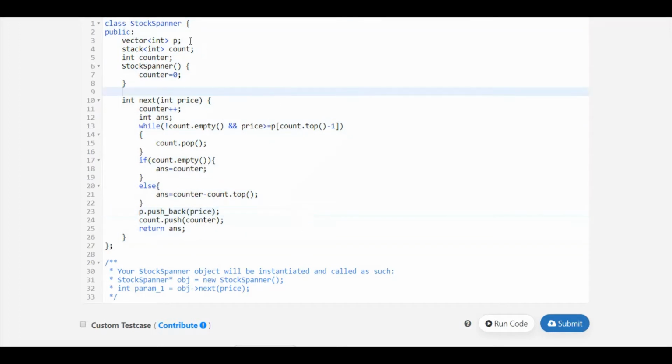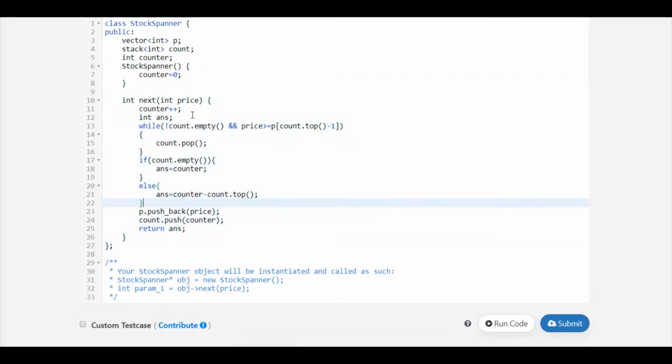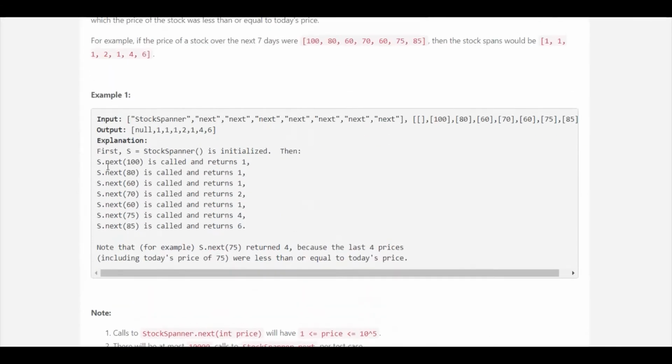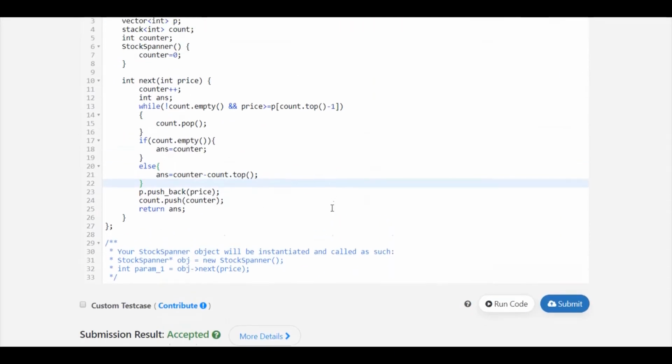So basically the first thing we do is initialize a vector and a stack, and we just discussed on paper why these are used, and then we will have a counter which will be initialized at 0 in our constructor. After that we have our main code. So here we have a price, so we will get a price and it will be called in this manner. So 100 will be called, we have to return 1. That is how this code will work.